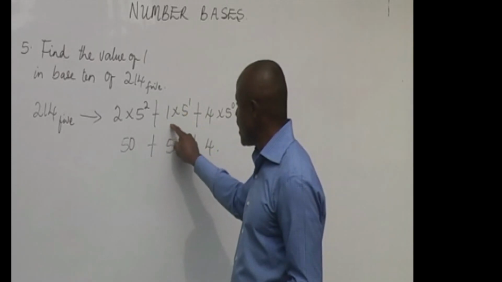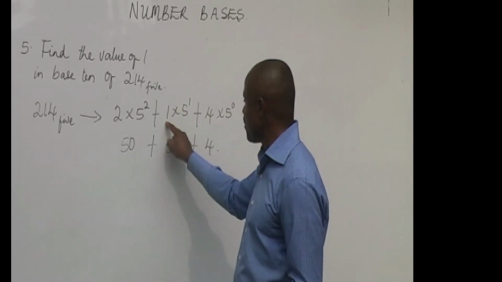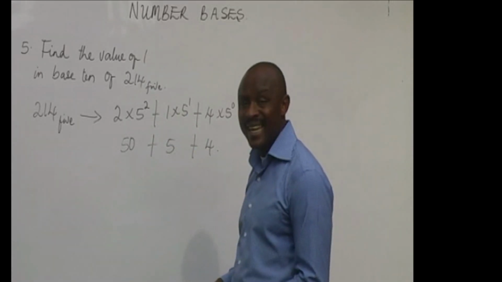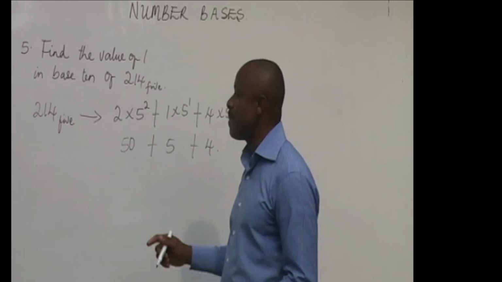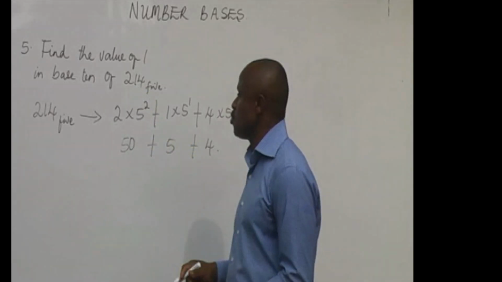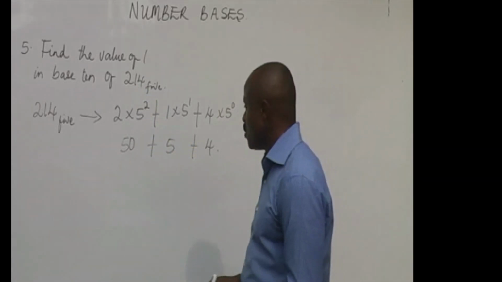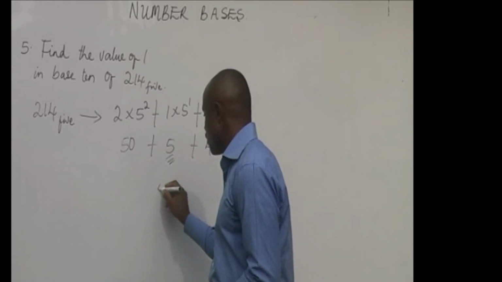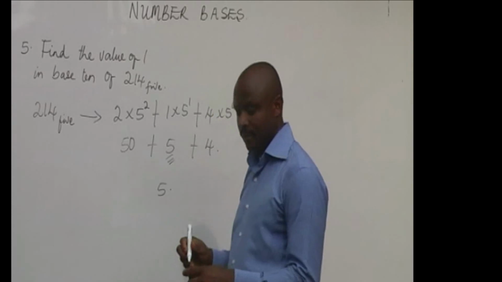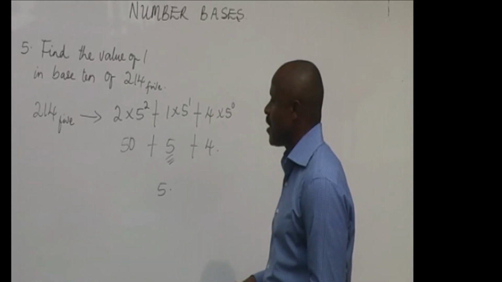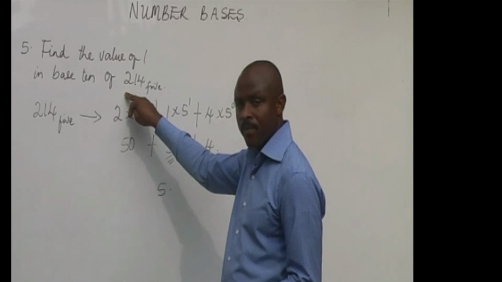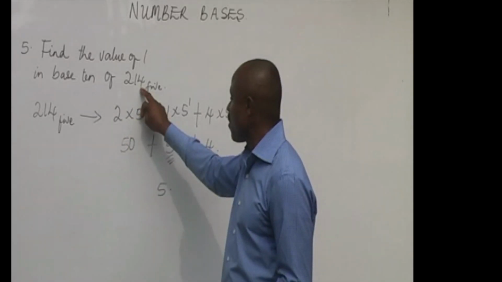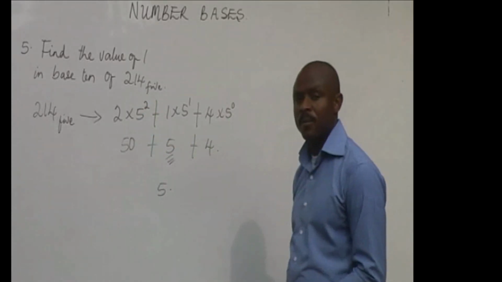So whatever you get by simplifying what you have between these two addition signs, which is 5, is the value of 1 in base 10 of 214 base 5. So that value of 1 the question is asking for is 5. Had it been that the question asks for the value of 2, it would have given you 50. Had it asked for the value of 4, it would have given you 4.